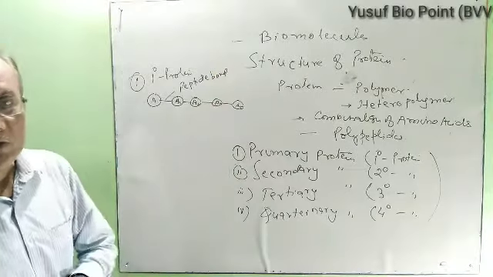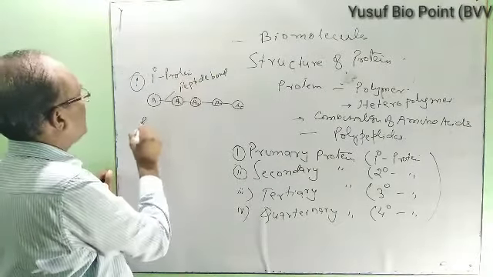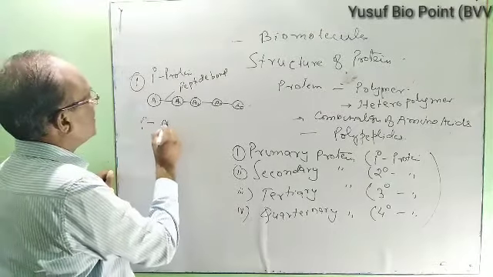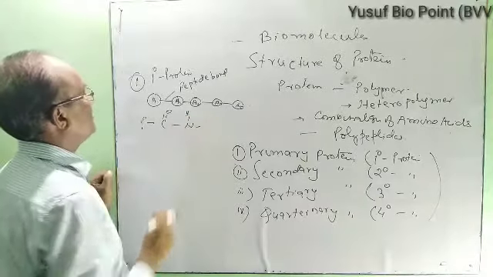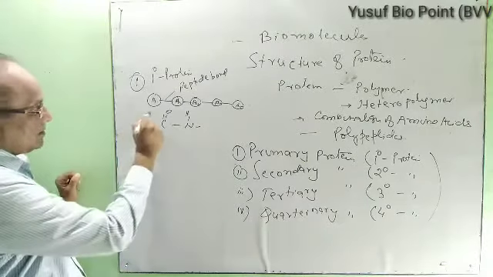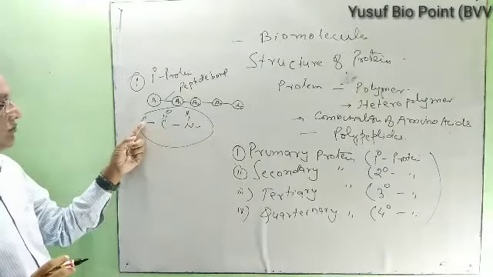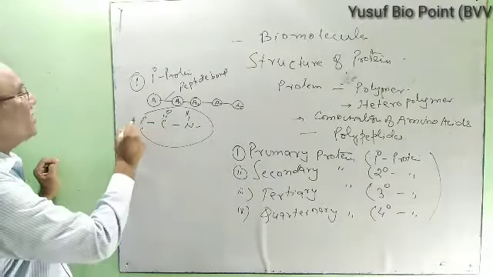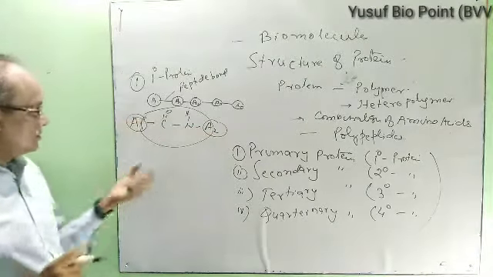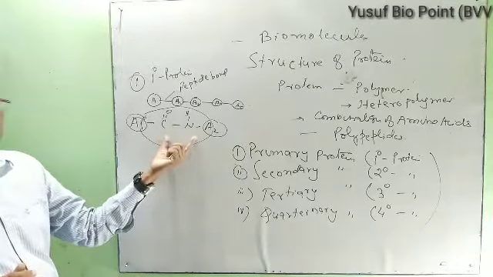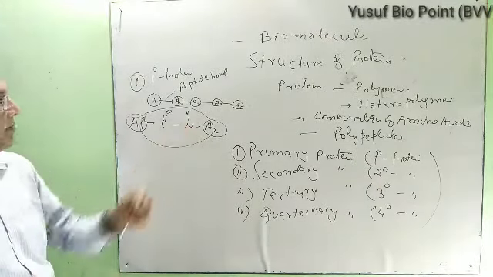And I have already told you that peptide bond is CONH. This bond between two amino acids, here is amino acid 1, here is amino acid 2, these are combined with each other by means of CONH bond, that is called peptide bond.